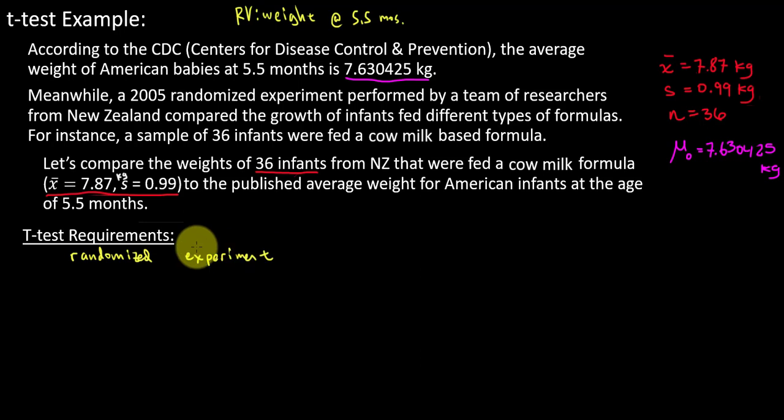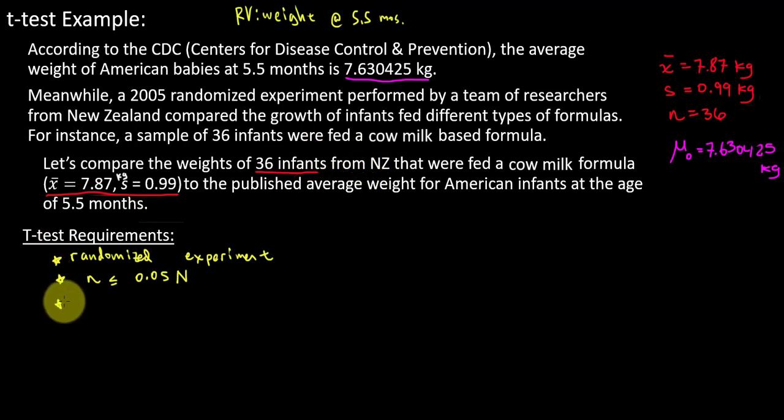Furthermore, we need independent observations, and the way that is sometimes assured is that the sample size is a small portion of the population size. So here, our sample size is less than or equal to 5% of the population size. We weren't told the population size, but certainly 36 infants is a small portion of all infants from New Zealand.